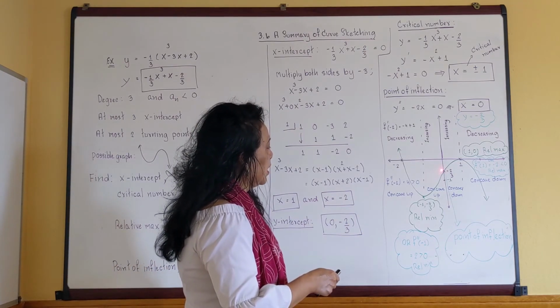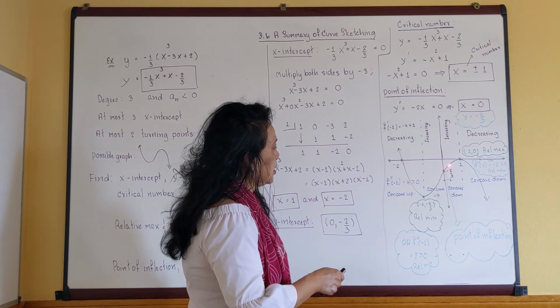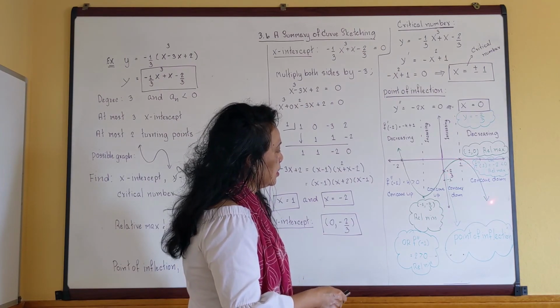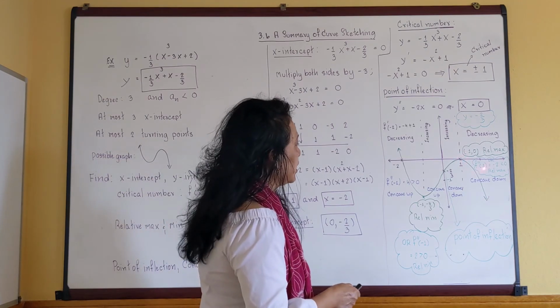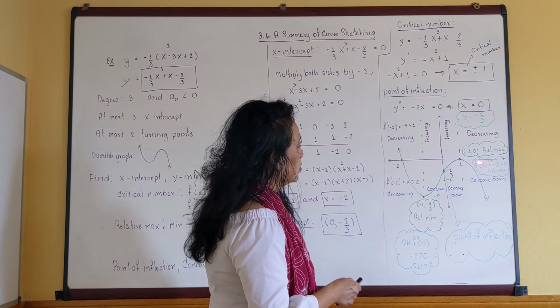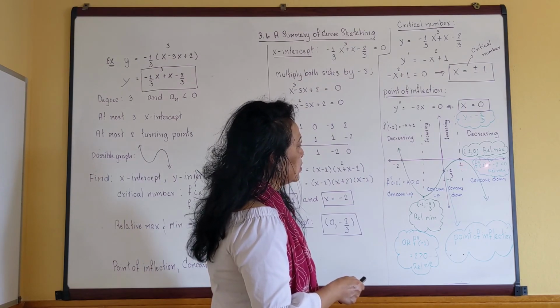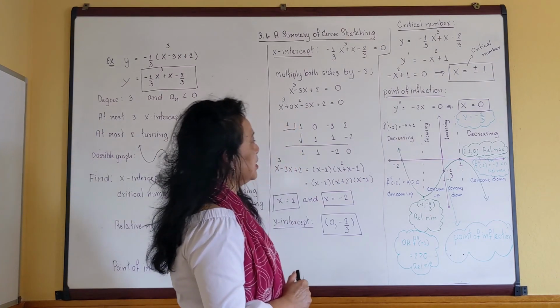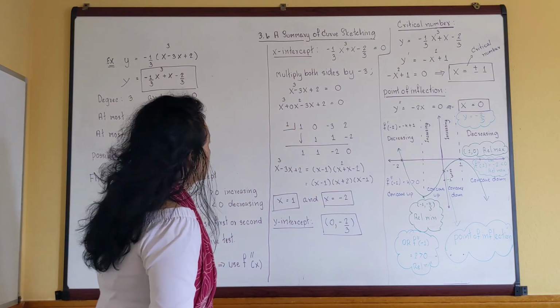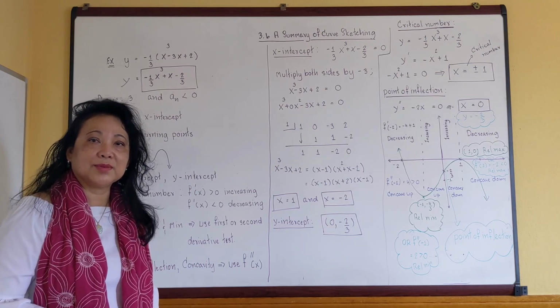Let's look at this one. If you use the first derivative test, you see this is increasing and then decreasing, so it's a relative max. If you plug in the critical number in the second derivative test, you see it's negative, so it tells you a relative max. Alright, so this is everything that we cover, put it together.